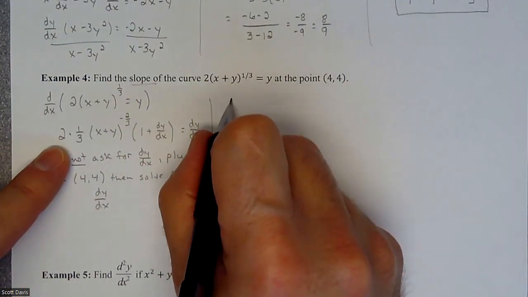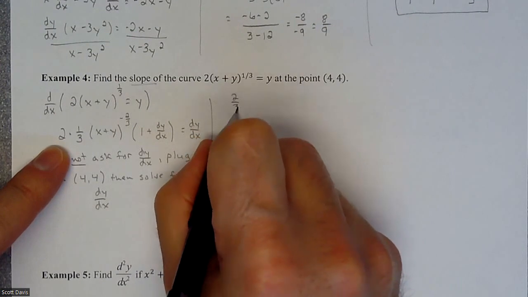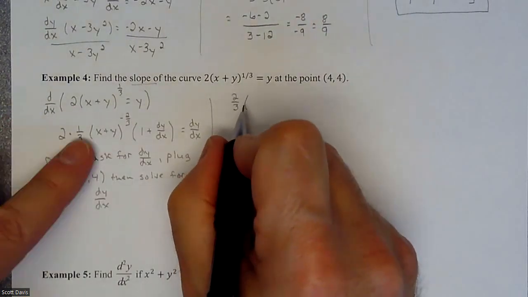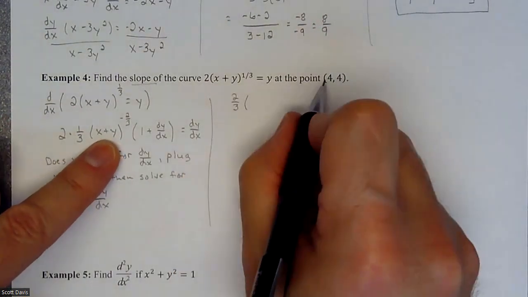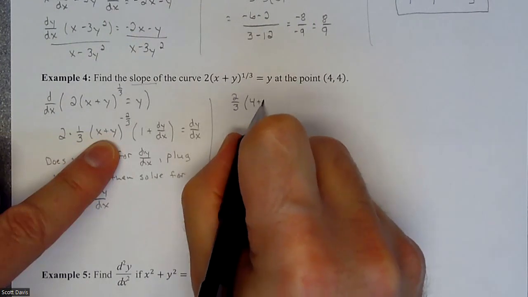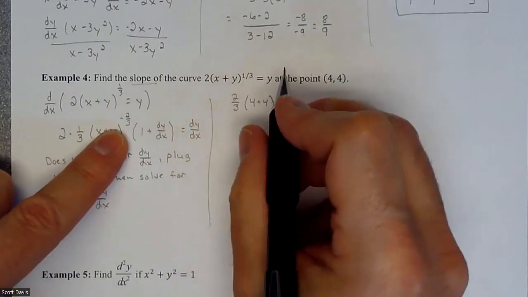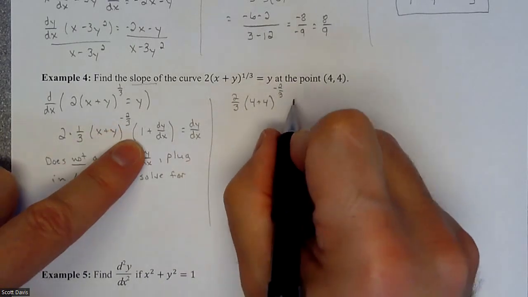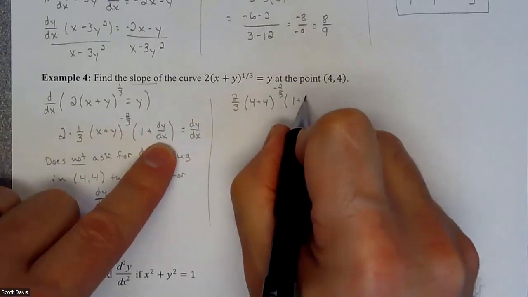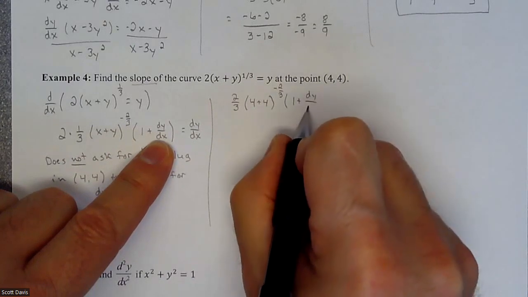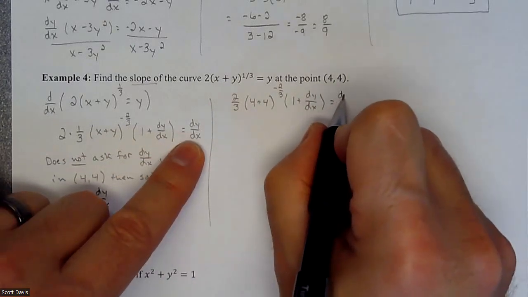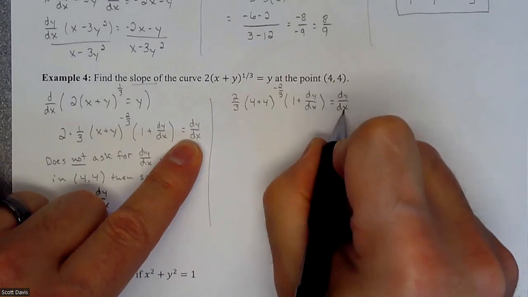So our slope is going to be 2/3, and if I smush that together, that's 2/3 times x and y are the same. They're both 4s. So 4 plus 4 raised to the negative 2/3 power, and then times 1 plus dy/dx, which I will be solving for eventually, and then that equals dy/dx, which I'll be solving for eventually.